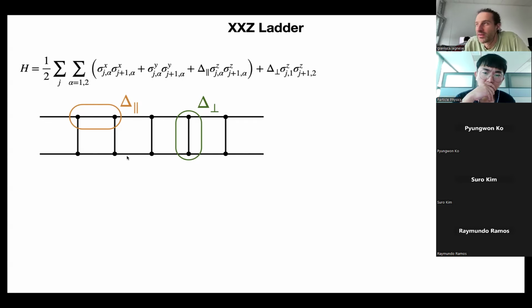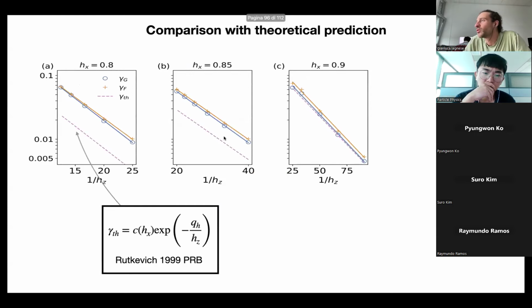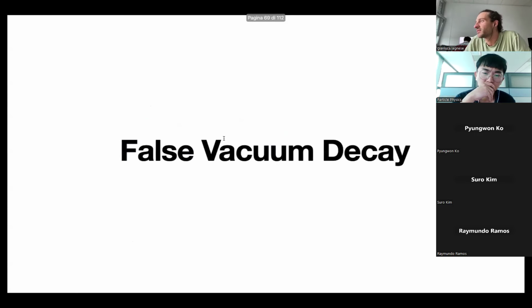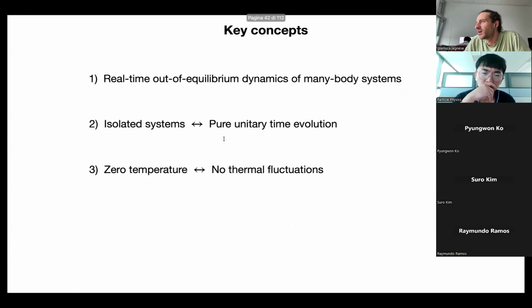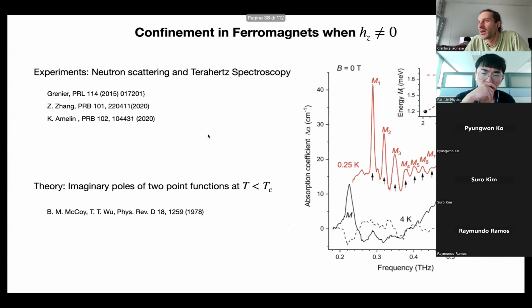Actually, the experiment with neutron scattering that I showed at the beginning, I don't remember which one, is made not with the Ising model but with one of these quasi one-dimensional ferromagnets.